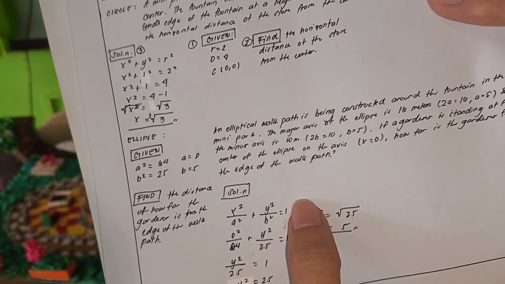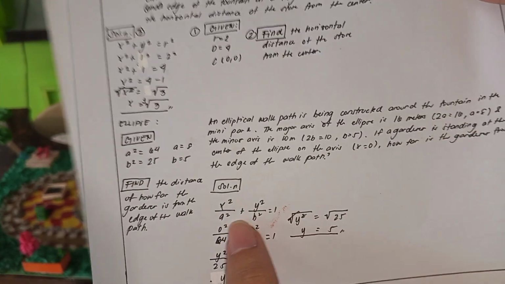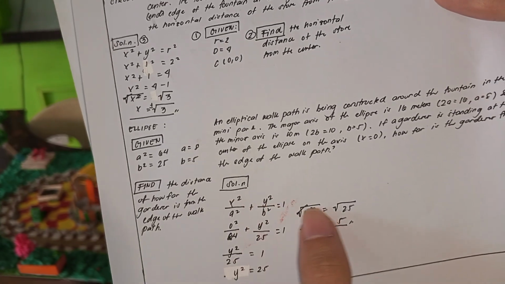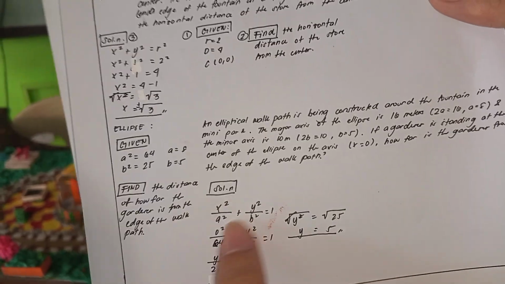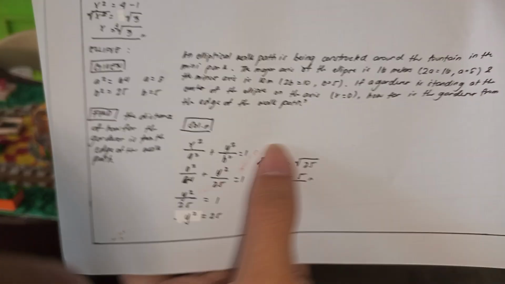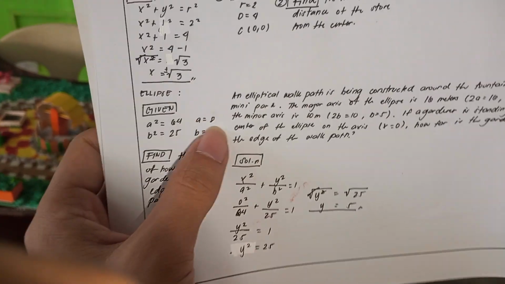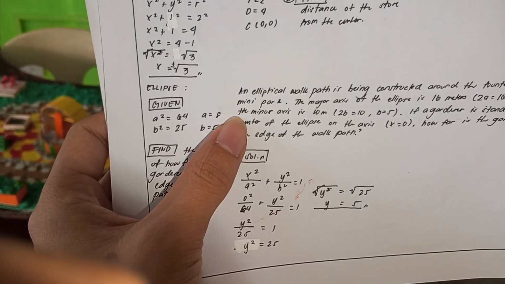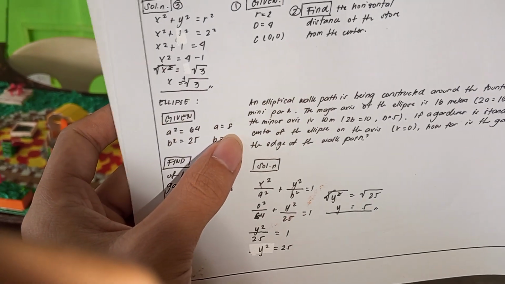For solving this, we use again the standard equation for the ellipse: x squared over a squared plus y squared over b squared equals 1. So we have the given a squared equal to 64, a equal to 8, b squared equal to 25, b equal to 5.